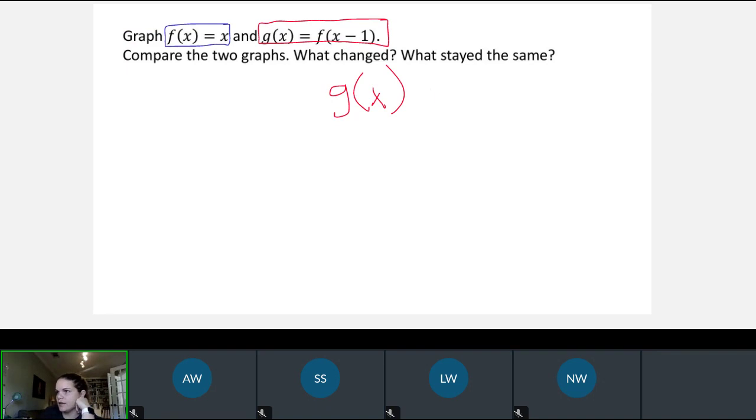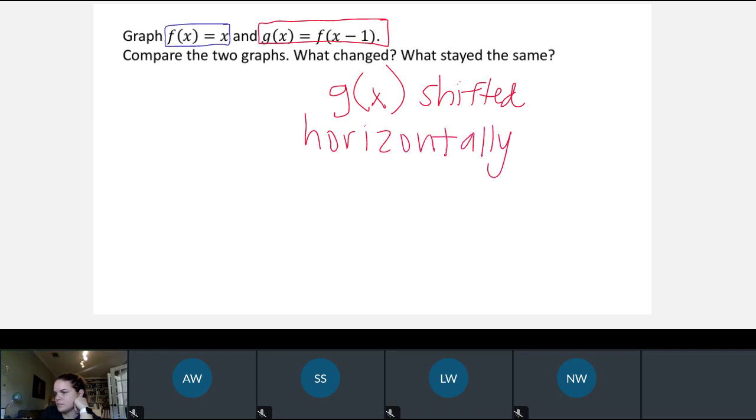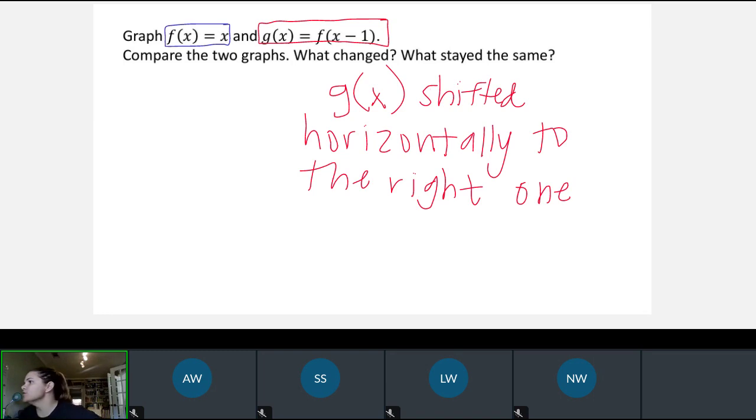Okay, g of x shifted horizontally to the right one. Yeah, I can. To the rules.